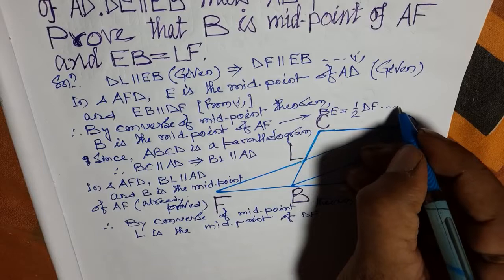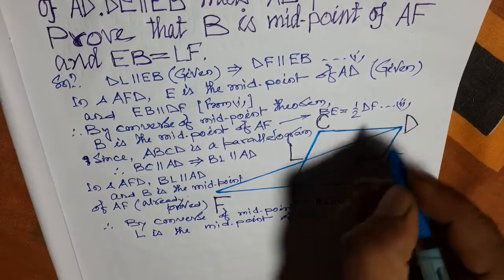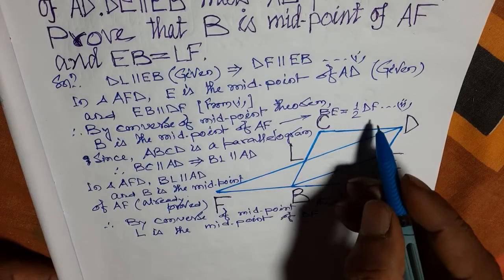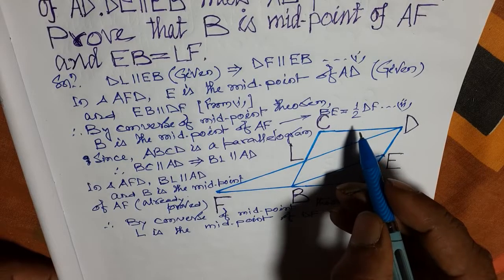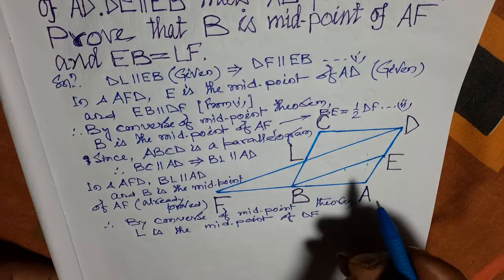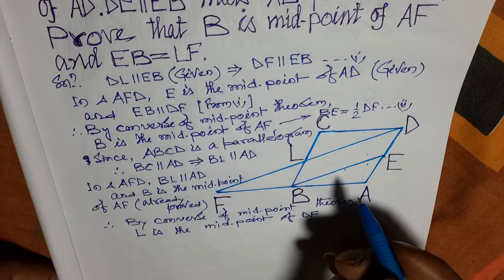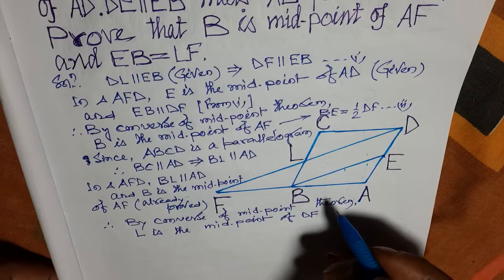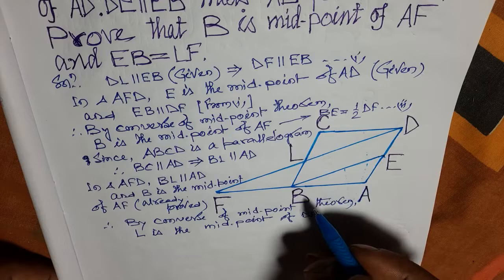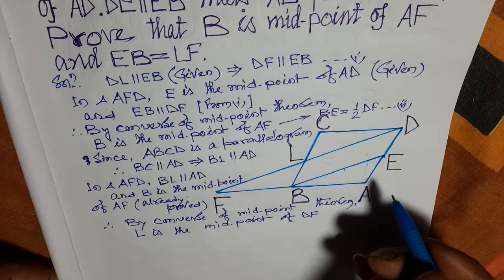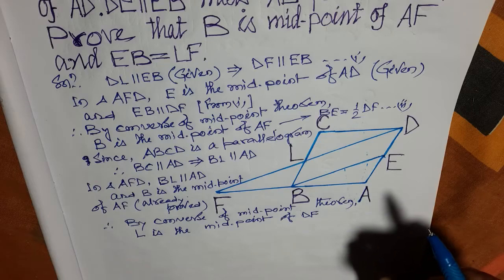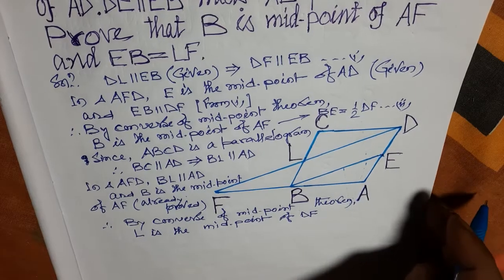This is 2. Since DF is parallel to EB and E is the midpoint of AD, B is the midpoint of AF, therefore EB is equal to half of DF.